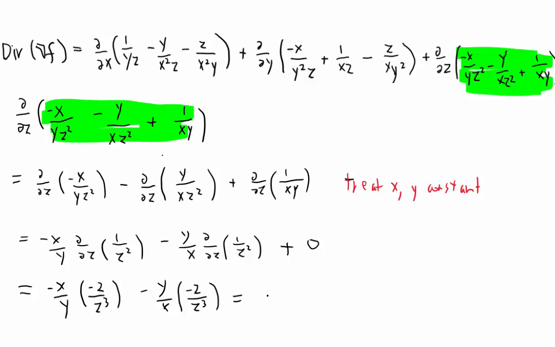The common denominator is xyz cubed, so the first term becomes 2x squared over xyz cubed and the second term becomes 2y squared over xyz cubed. Adding up, you get 2x squared plus 2y squared over xyz cubed.